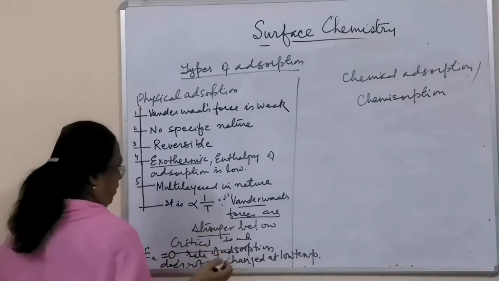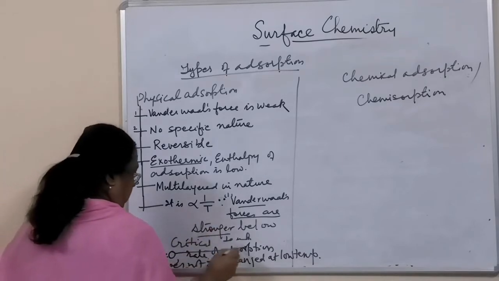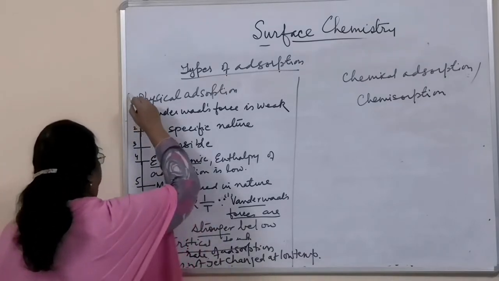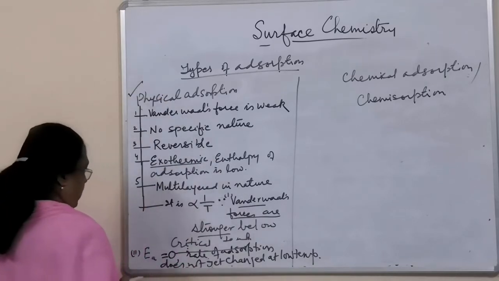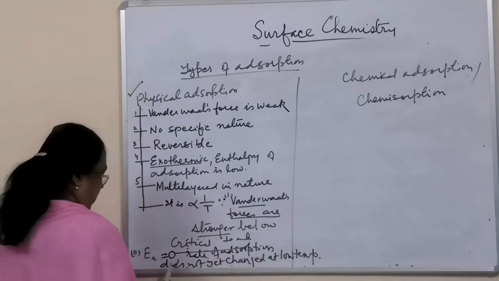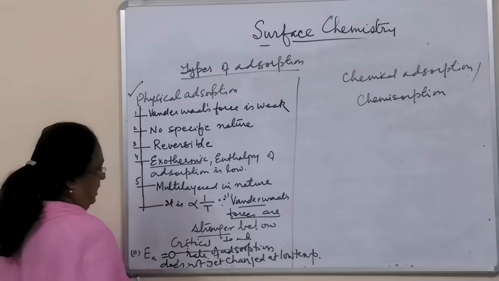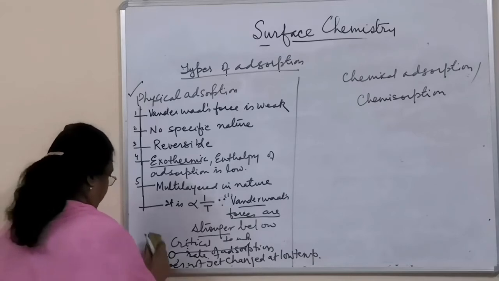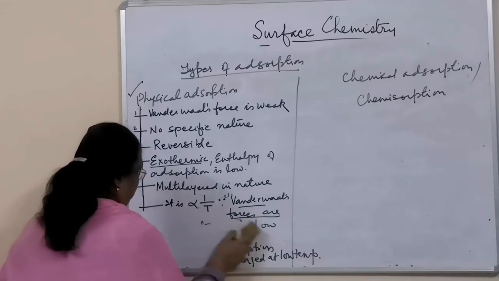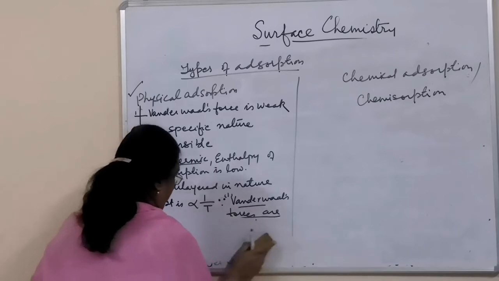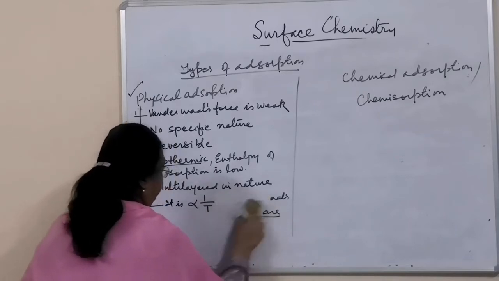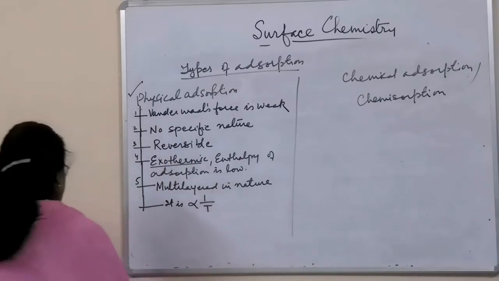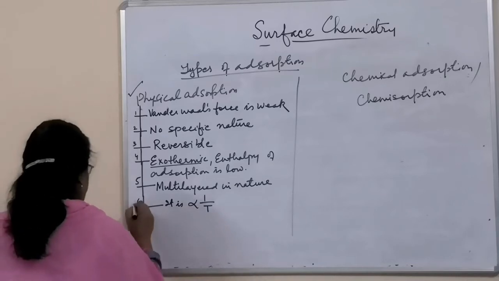So if you keep your temperature below critical temperature, the rate will increase. And at low temperature, activation energy is 0, so once it has started getting adsorbed at low temperature, its rate will not be affected. Means the rate will neither decrease nor increase. It will remain the same. So this was the sixth point.